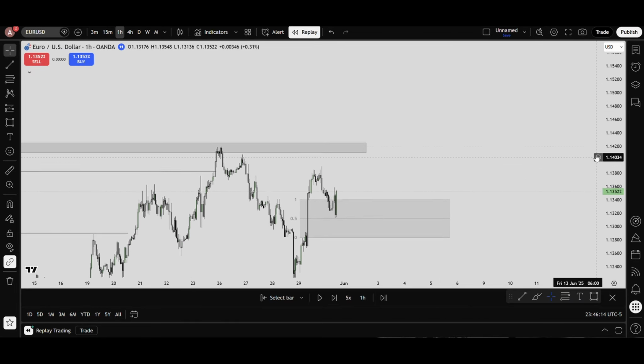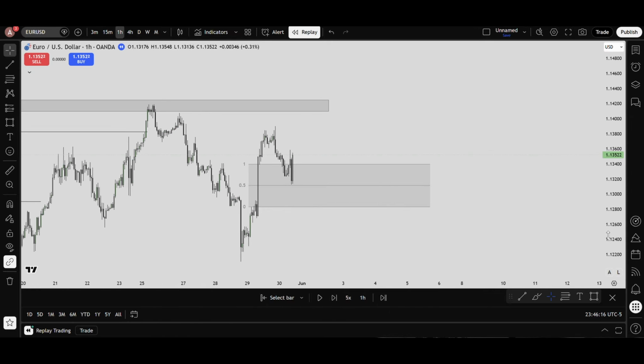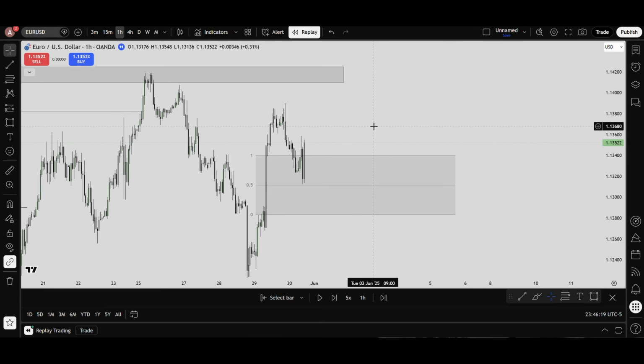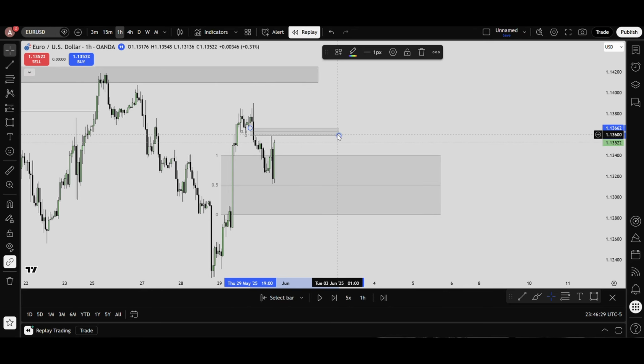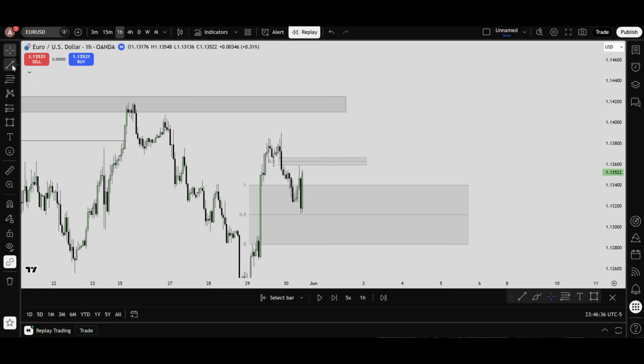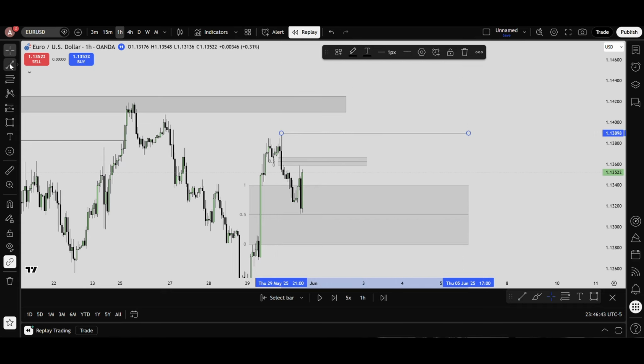So I'll focus again on recent price movements, and I will highlight another imbalance above. It will be our possible take profit level, and I'll also mark the liquidity pools above over here. They will serve us as future goals for the price.